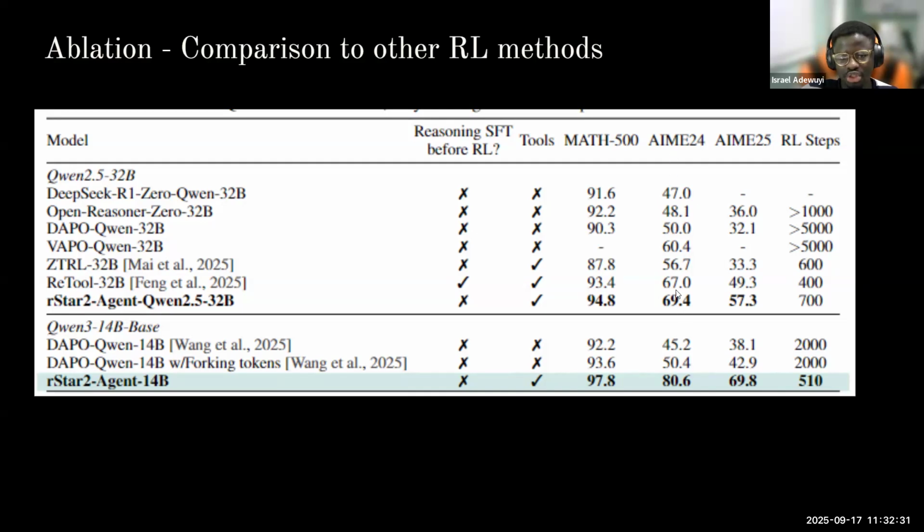The performance jump in AIME 24 seems to me larger than at least MATH 500 and AIME 25, for example. And save for one, it had the smallest number of RL training steps. So their training run was more efficient than other training runs reported by other papers.